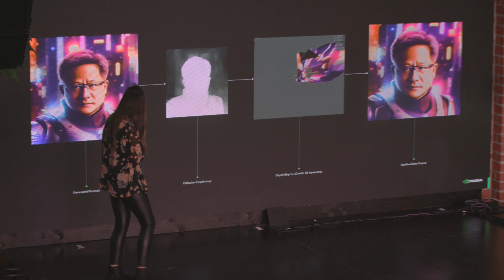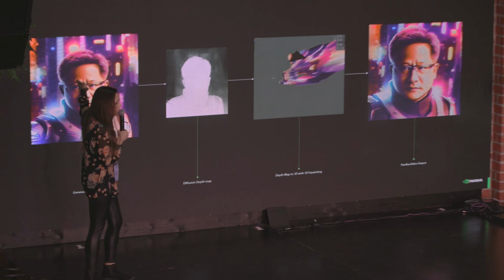And so outside of fine-tuning, you can do so much more. In this case, I fine-tuned a model to recognize my CEO, and I put him in a spacesuit, because why not? But generative AI can do a lot more than just generate images. They can generate important data maps. So, for example, a depth map can be used to create poly files or geometry files that you can then throw into a 3D scene.